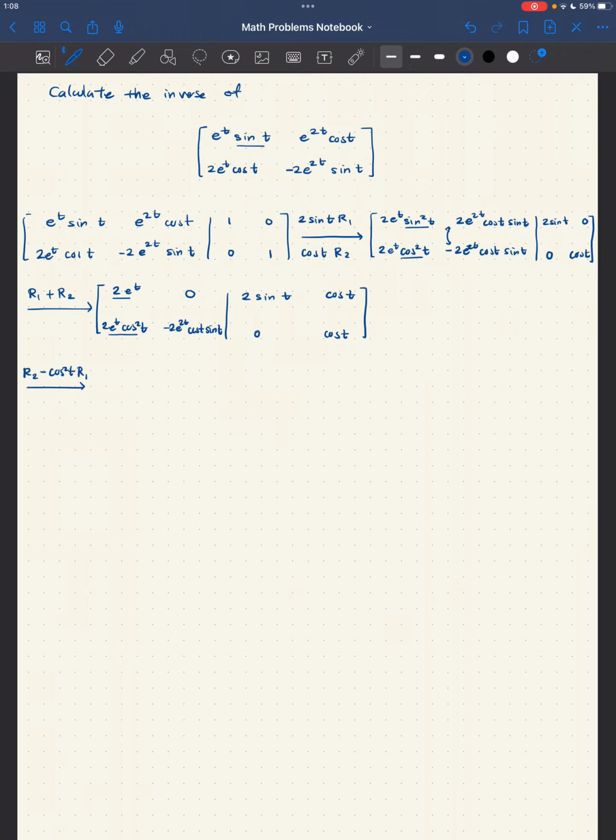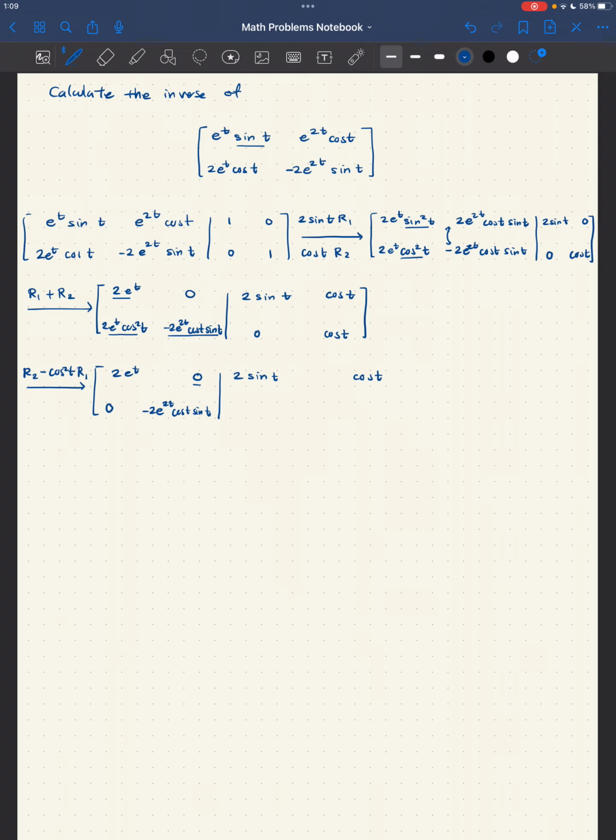Now what happens when we perform that? Well, we get 2e^t. That remains intact on the first row. 0. Then followed by 2 sine of t, cosine of t, 0 on this entry. This one remains intact because I have a 0 here. So I have negative 2e^(2t) cosine of t sine of t.